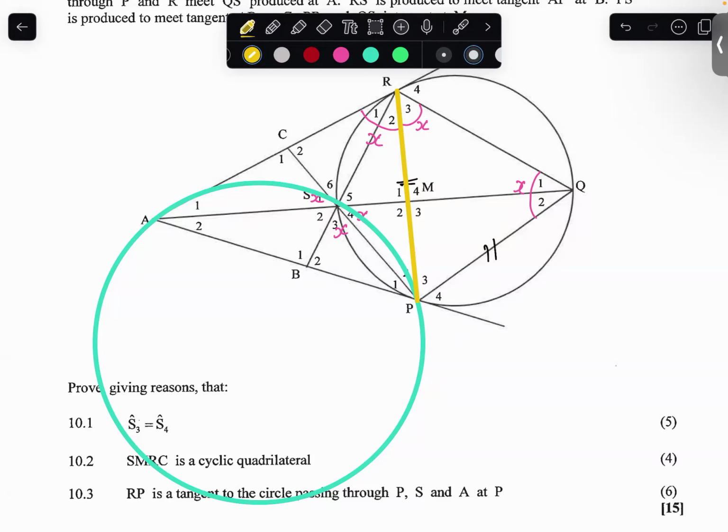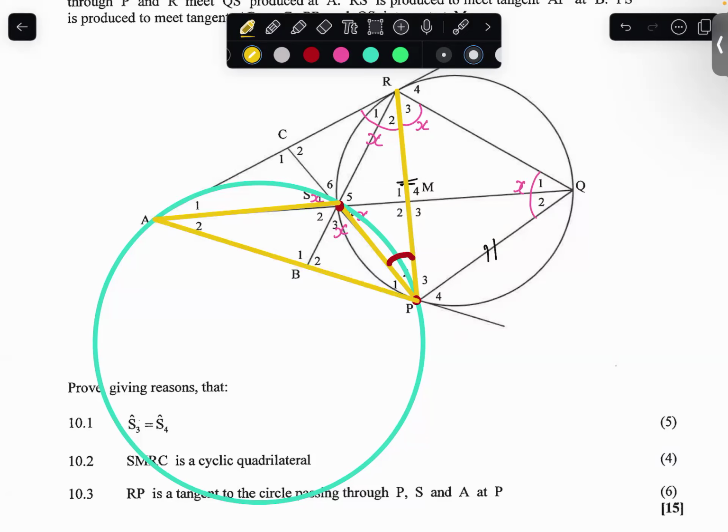What do I mean? In order to prove that this yellow line is a tangent, this chord that's within this blue circle, I have to prove that the angle between that tangent and that chord is equal to the angle that that chord will subtend in the opposite segment.